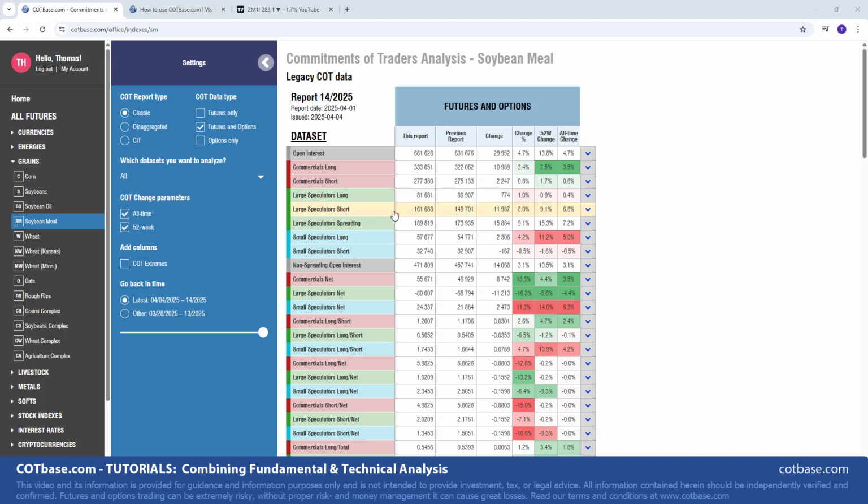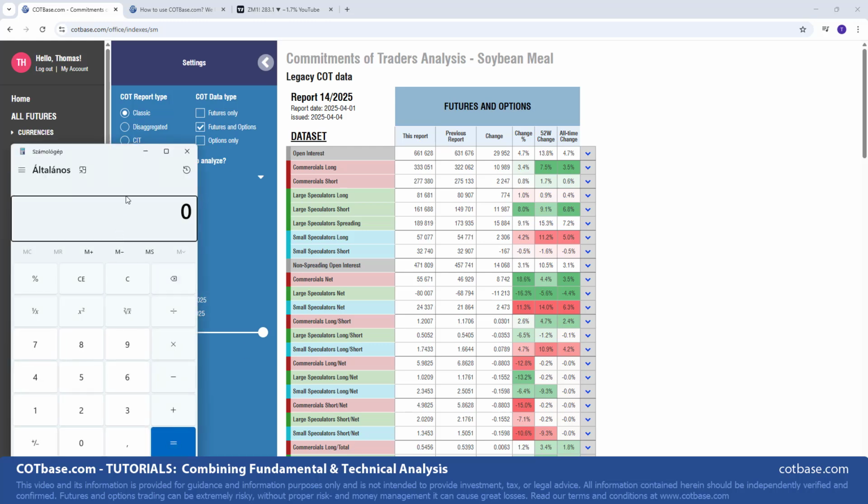Now, we have commercials who are long and commercials who are short. We have large speculators who are long and large speculators who are short. We have non-reportables long and short. But we want to see the net. That's the interesting part. So what we do is subtract the shorts from the longs.